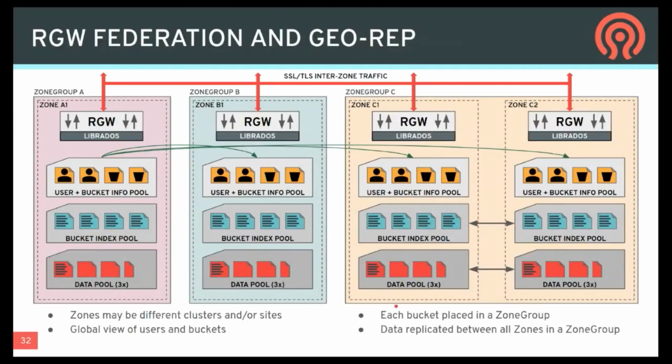And then if you imagine that every bucket stored in this overall global federated namespace is placed within a zone group. So the bucket either exists on these zones in zone group C, or the bucket's in zone group B, or the bucket lives in zone group A. And regardless of which gateway you touch, you get sent to the right zone. The RADOS gateways for each of these zones scale out horizontally, and they are literally the gateway.